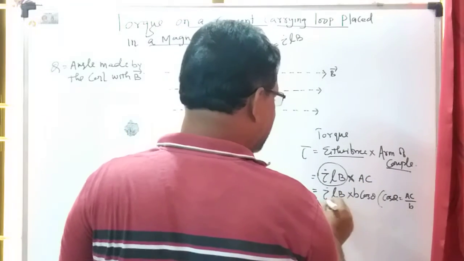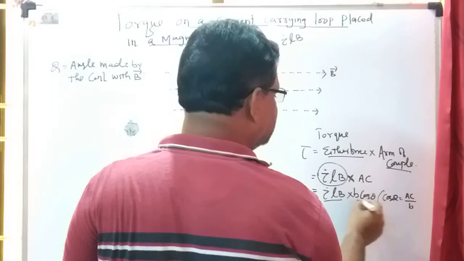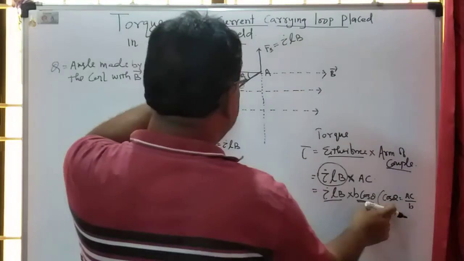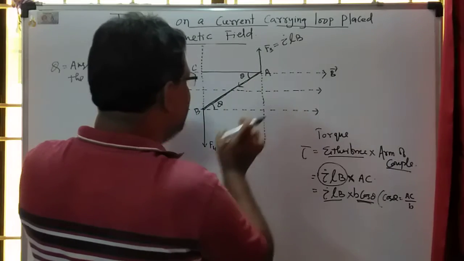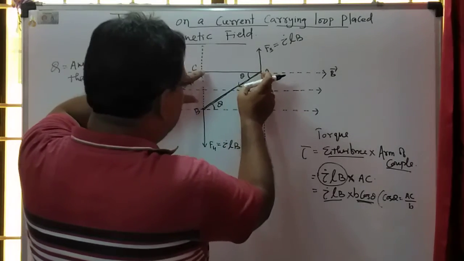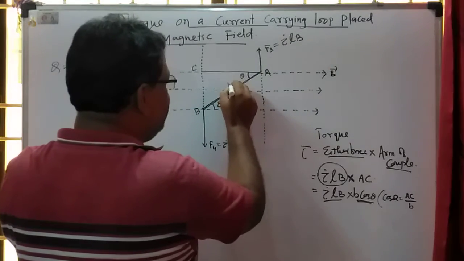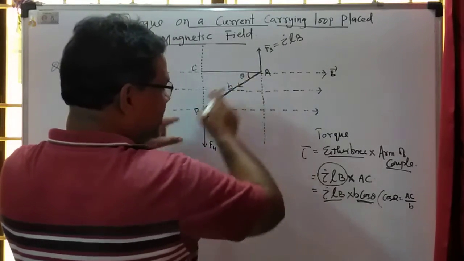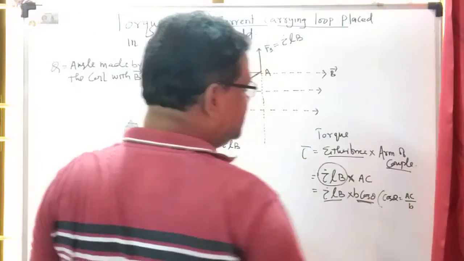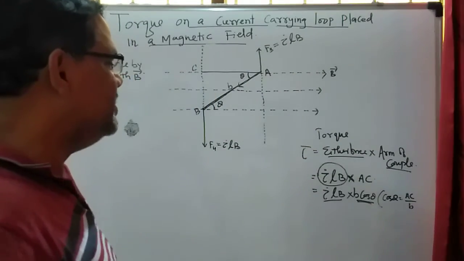This equals ILB multiplied with b cos theta, because cos theta equals base upon hypotenuse, AC upon b, where b is the width of the coil. So AC equals b cos theta.